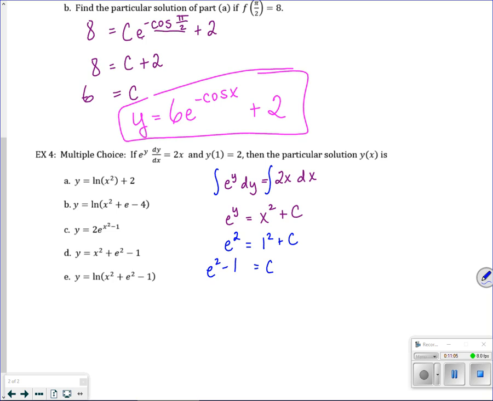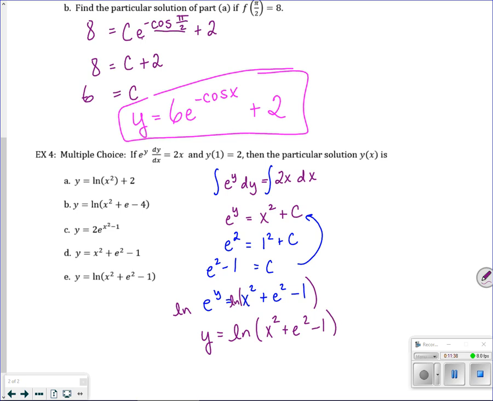So remember, I go right back to where I have e to the y is equal to x squared plus e squared minus 1. Now I'm having to solve for y. So again, how do I undo an e to the? Well, that's when I do the natural log of both sides. And so ln of e to the y is just y, and I'd have natural log of x squared plus e squared minus 1.